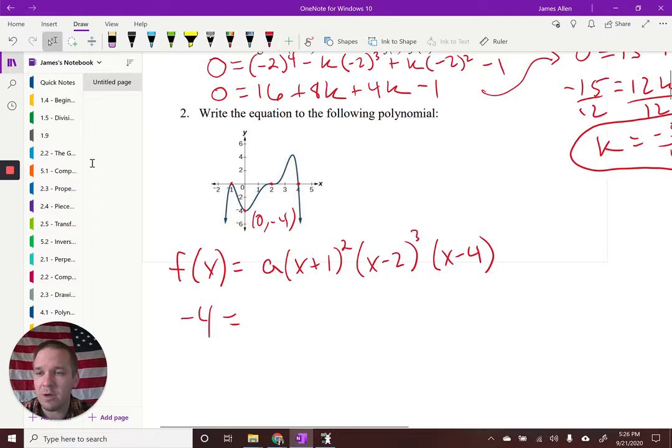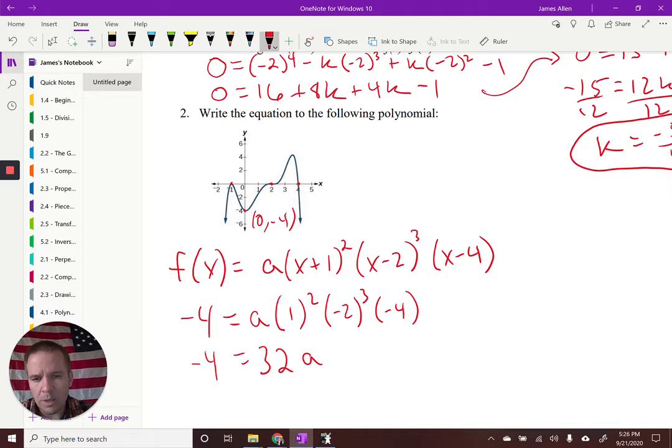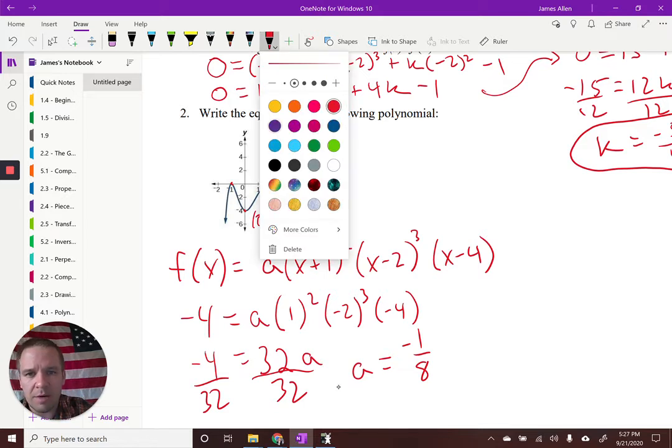I'm going to try and keep this video a little bit shorter, so I'm going to pause. So after we substitute in, we end up with 32 on the right-hand side. So if I divide by 32, I'm going to get a equals negative 1 over 8. So that means my final answer here is, I want to change colors, we got a lot of red going on.